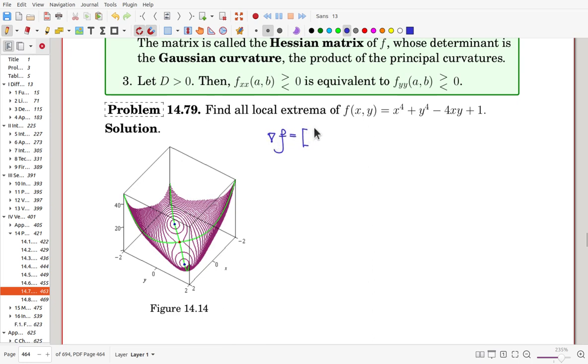The x derivative is 4x cubed minus 4y, and the y derivative is 4y cubed minus 4x, equals 0. Then from here, divide by 4, and that is x cubed equals y, and y cubed equals x.